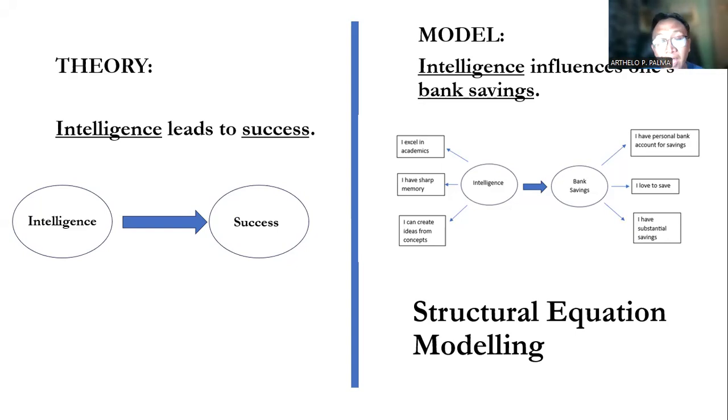Later, in order to improve the model, some of these boxes, or those measured variables, like I excel in academics, I have sharp memory, I can create ideas from concepts, some of them will be eliminated just to improve the model. That's part of the confirmatory factor analysis.